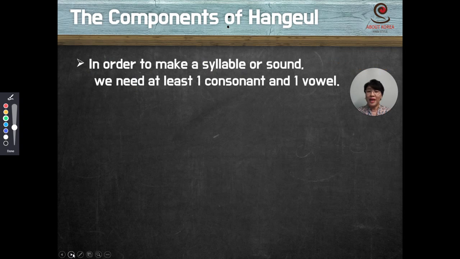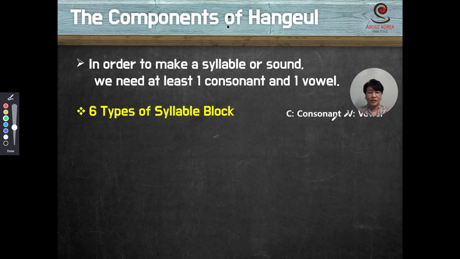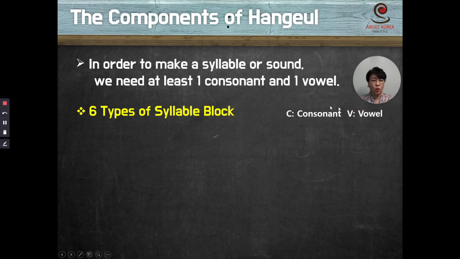In order to make a syllable or sound, we need at least one consonant and one vowel. Let's take a look at 6 types of syllable blocks. C stands for consonant and V stands for vowel.